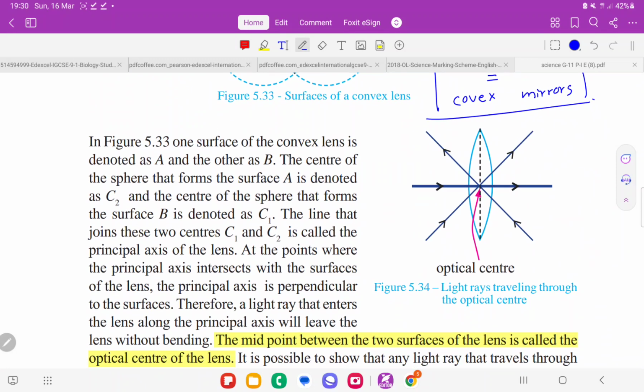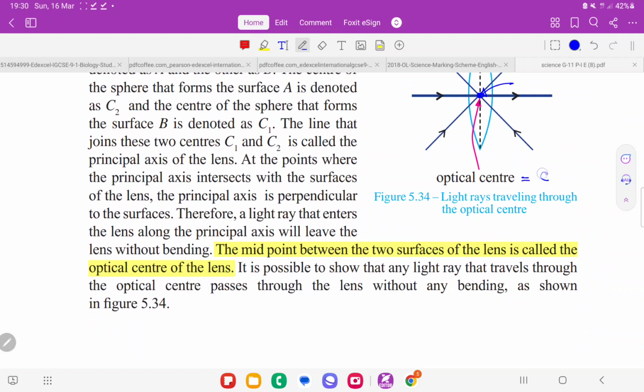Okay, but unlike mirrors, this midpoint we call the optical center, but in mirrors we called it the pole. I think you remember that point is called the pole, the midpoint, but here it's the optical center and it's named C, right?